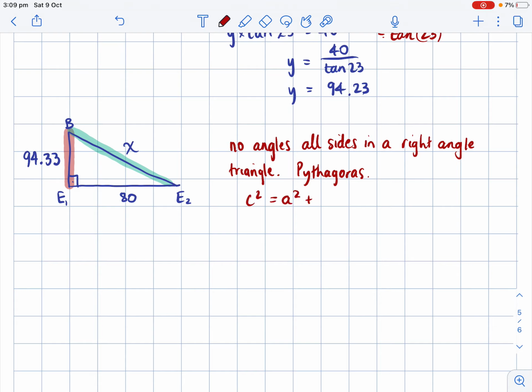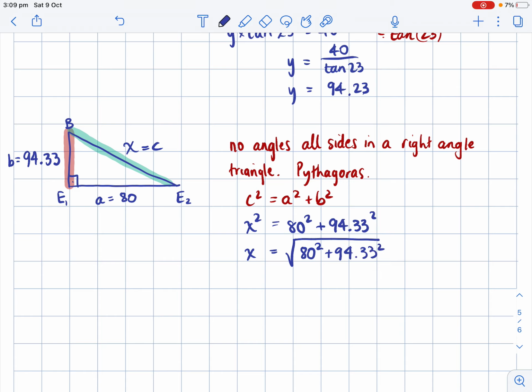Okay, so c squared equals a squared plus b squared. My longest side is always c, and the other 2 sides do not matter which ones we call which. So x squared equals 80 squared plus 94.33 squared. Then to find my answer, I have to undo the squared, which is to take the square root.